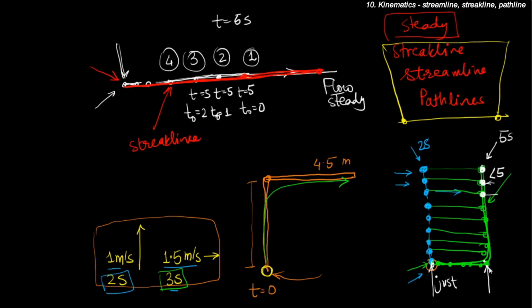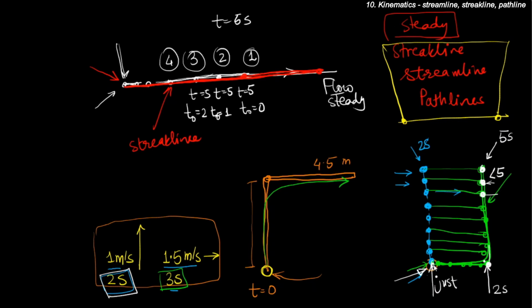That particular particle had entered into the domain at t equal to 2 seconds. This particle, which is at the same level as the point of injection, after which all the particles are at a different y location, would have been injected 2 seconds after the first injection, that is 3 seconds before this particle was injected.